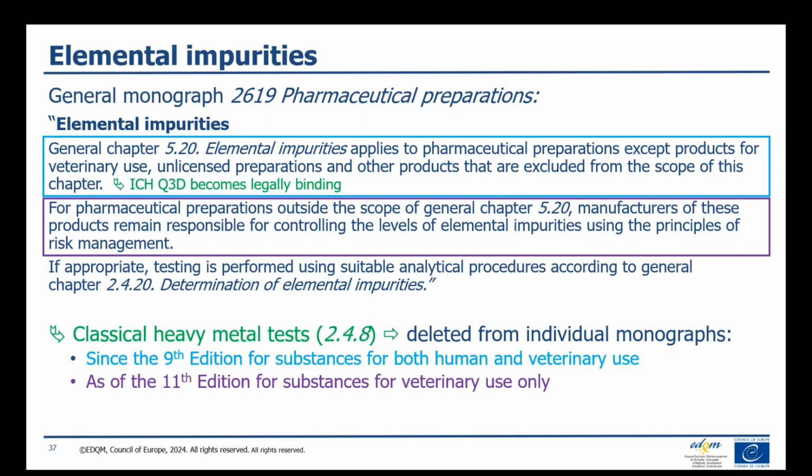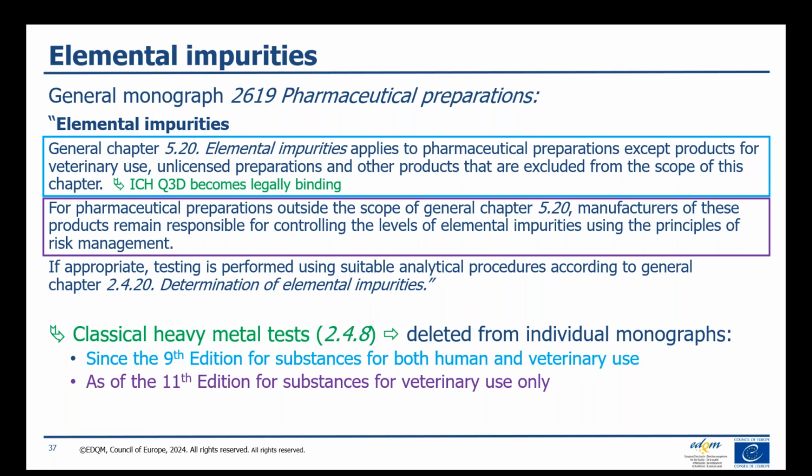Then there is the second part of this paragraph, which explains that for pharmaceutical preparations which are outside the scope of the general chapter 5.20, the manufacturers are responsible for the control of the elemental impurities using the principle of risk management.